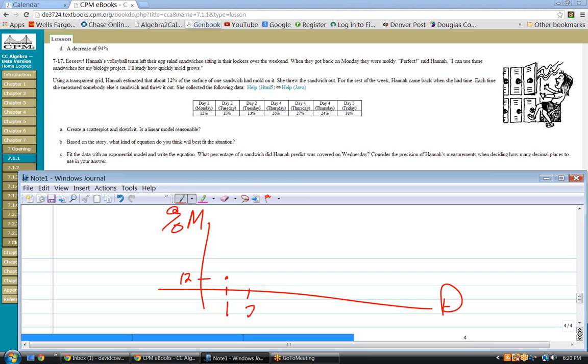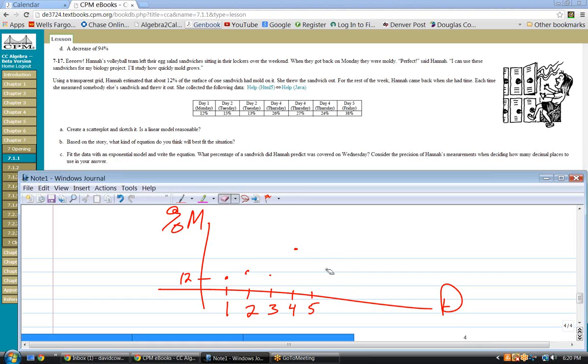On day 2 it was 15. On day 3 it was 13. On day 4 it was 26. On day 5, oh, day 4. They've got 3 day 4s in here.